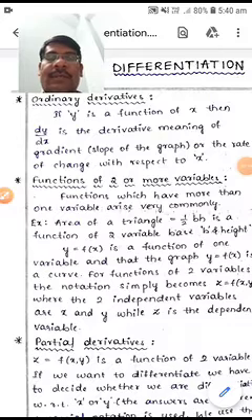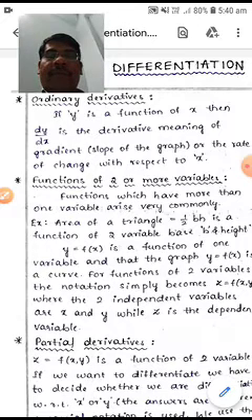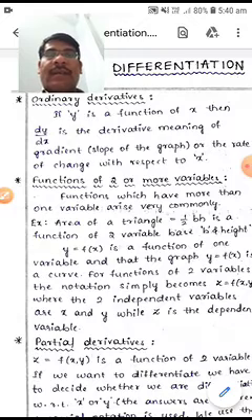Any function may involve one variable, two variables, or more than one variable. y of x is a function of x. Here it involves only one variable. y of x1, x2.